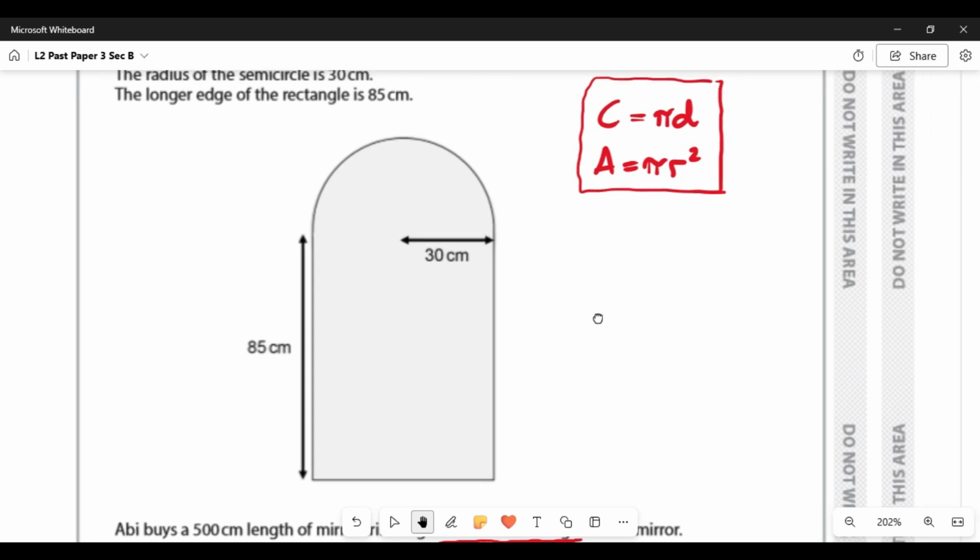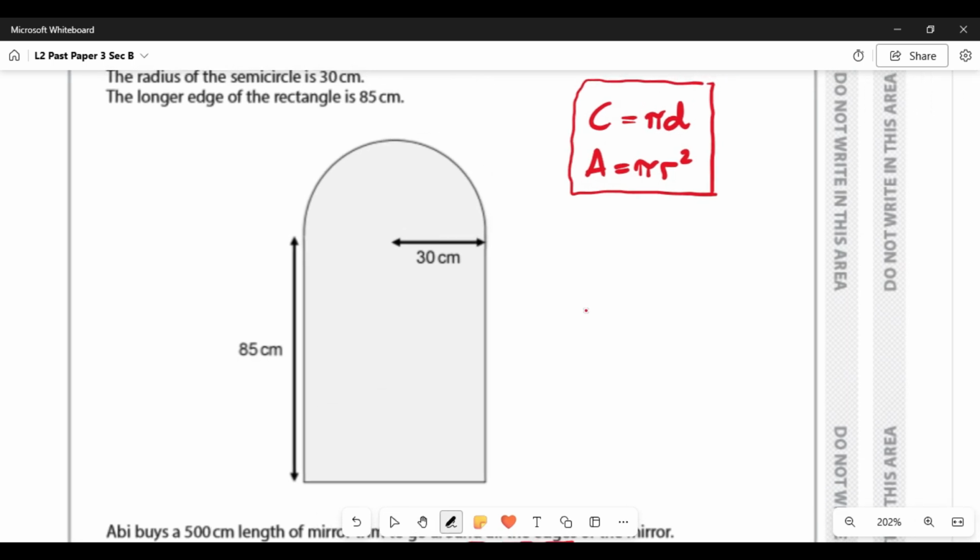So let's work out the length of the semicircle here. So semicircle is circumference. Cherry pie is delicious. That's if it was a full circle. But because we've got a semicircle, we're going to have to halve it. And let's use 3.14 for pi.